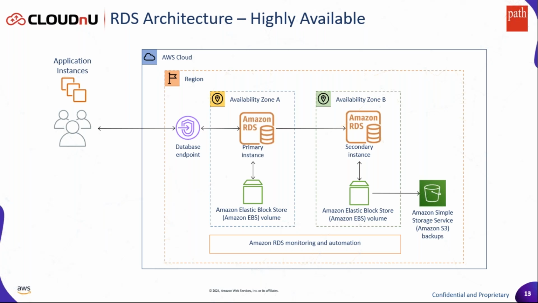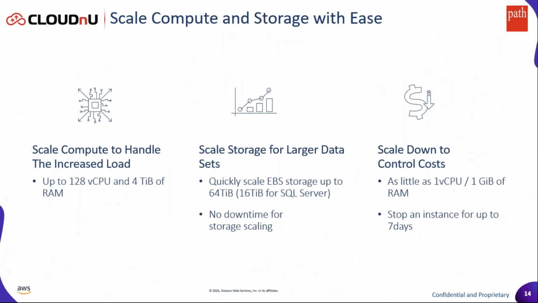Irrespective of where the database is running, you have one single endpoint that will not change, and RDS will manage that failover for you automatically. And like I mentioned before, snapshots and even your ongoing database transaction logs or archive logs are stored in Amazon S3. S3 comes with nine nines of durability. It's in the SLA, which is again a very good benefit for durability from a data point.